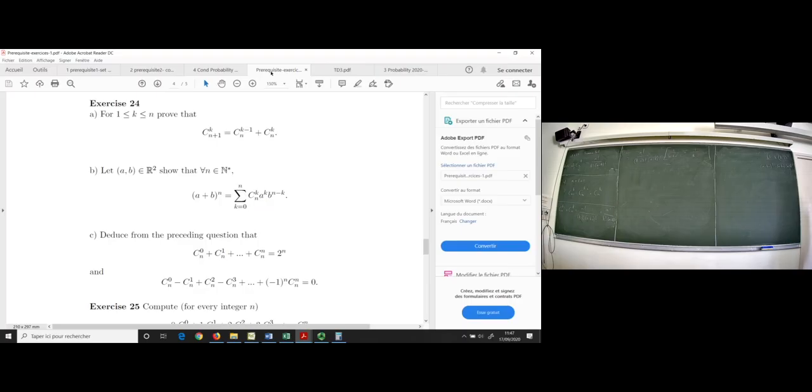What can I do now? I have two ratios that are not that complicated. I can see what happens if I do the sum. To do the sum, I have to put them into the same denominator.